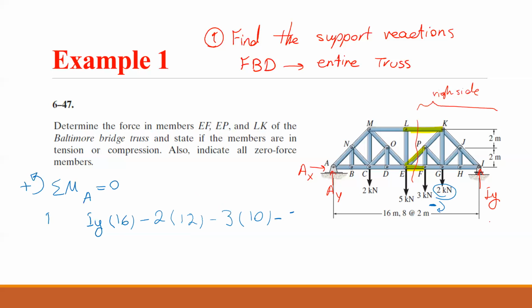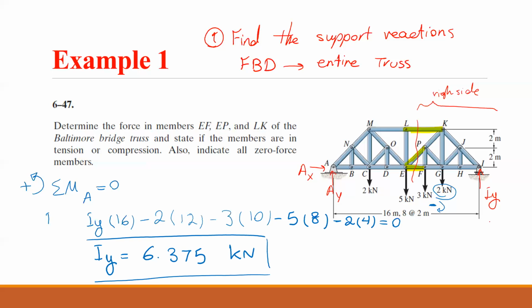Then 5 kilonewton with a distance of 8 meters, and the last is 2 kilonewton multiplied by the distance, which is 4, equals 0. Solving this equation, IY is 6.375 kilonewton. I got a positive number, so my assumption about the reaction is correct.